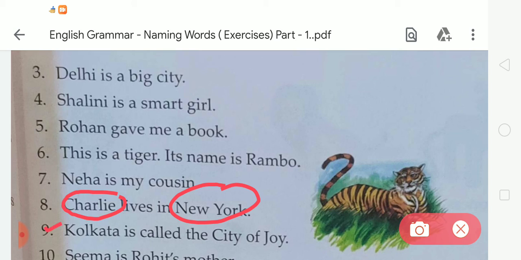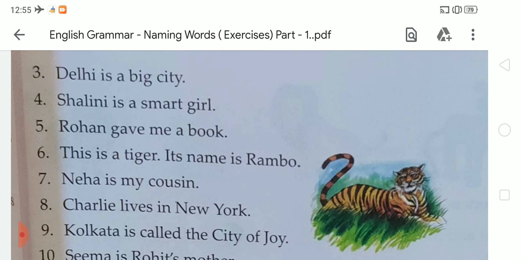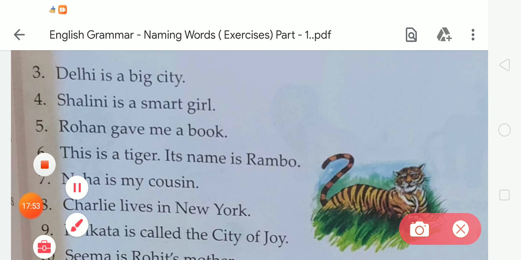Okay, now number 9: Kolkata is called the City of Joy. So students, in this sentence we again circle the words. First is Kolkata and after that City of Joy.